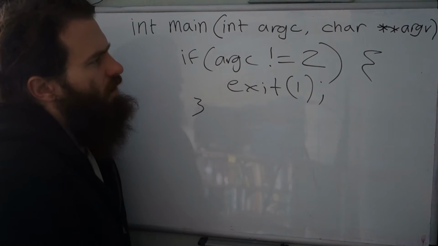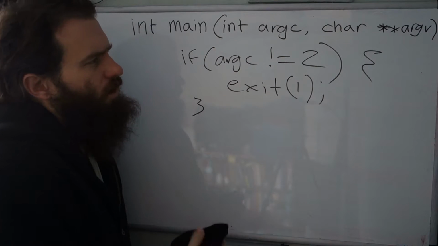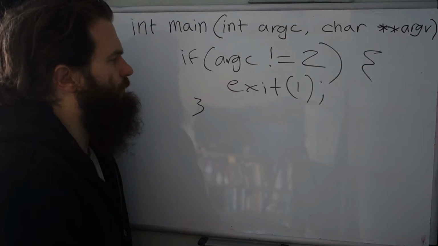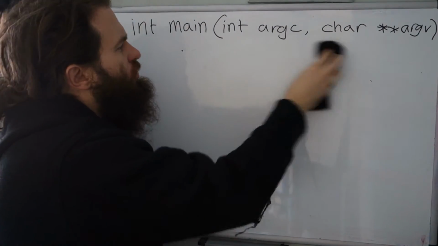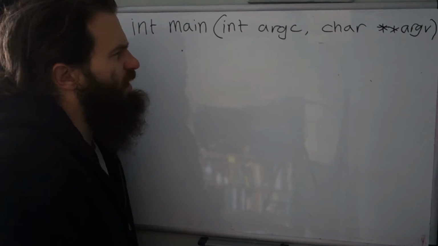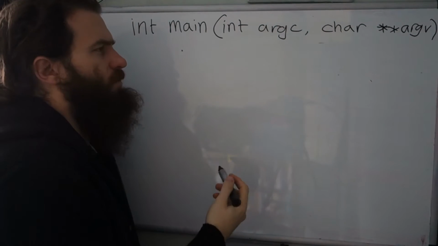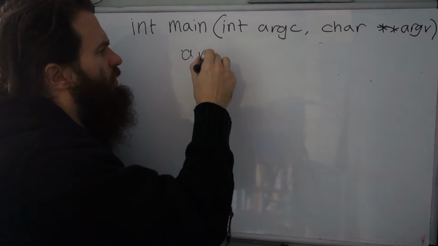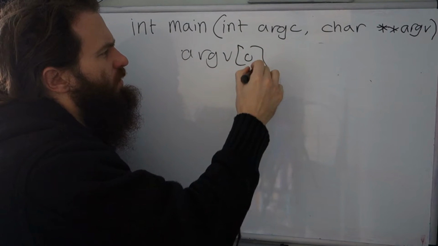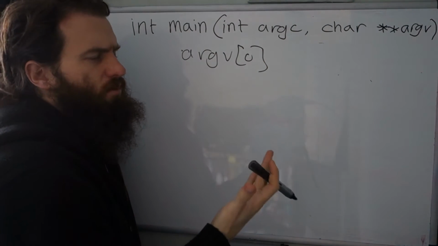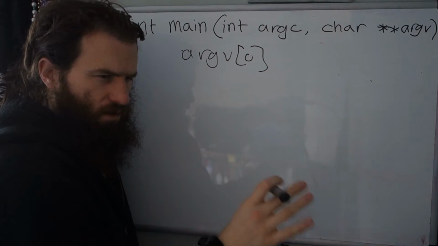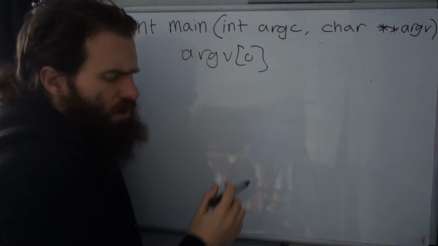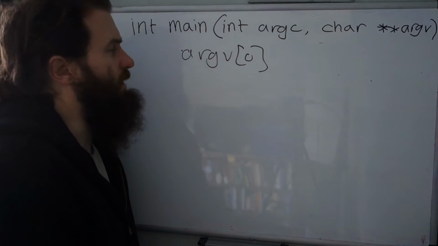Now that we've got the right number of arguments, imagine that our program expects a single integer. So let's just look at how we would process an integer. You've got to imagine we've already checked the argument count. And now we know that our integer is going to be in argv[1]. So argv[0] is the name of the program, or whatever name we give it in our compilation command line. argv[1] is going to be the integer that we pass in.